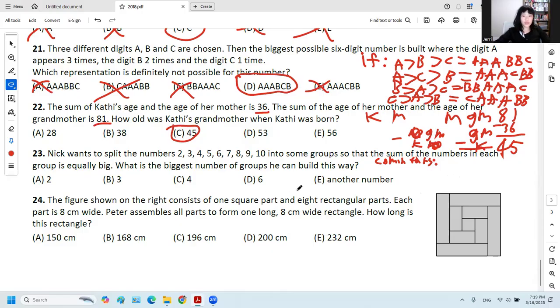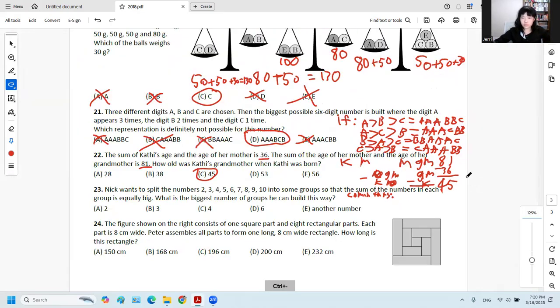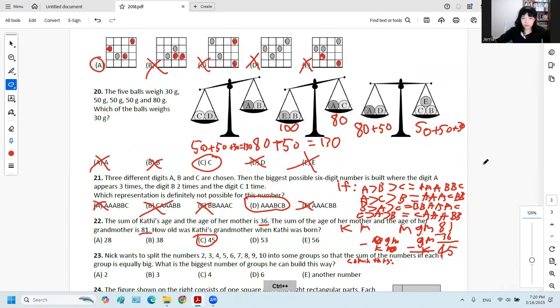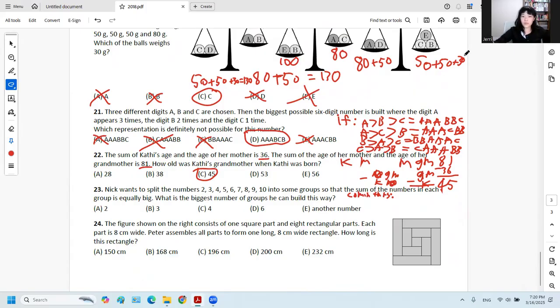Okay. So then we're going to do, so right now 2 plus 3 plus 4 plus 5 plus 6 plus 7 plus 8 plus 9 plus 10 equals 54.